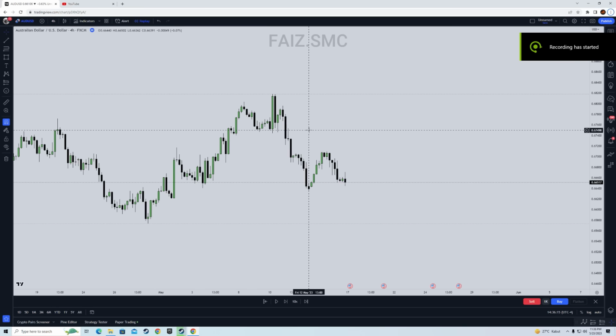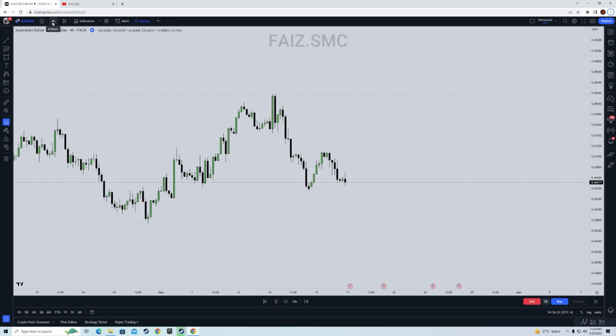Alright guys, here is the last example. I'm looking at AUD USD on 4-hour time frames. Remember, you don't only have to use these two time frames. You can use 1 hour with 5 minutes or 15 minutes with 1 minute. However, I do not recommend going lower than 1 hour.